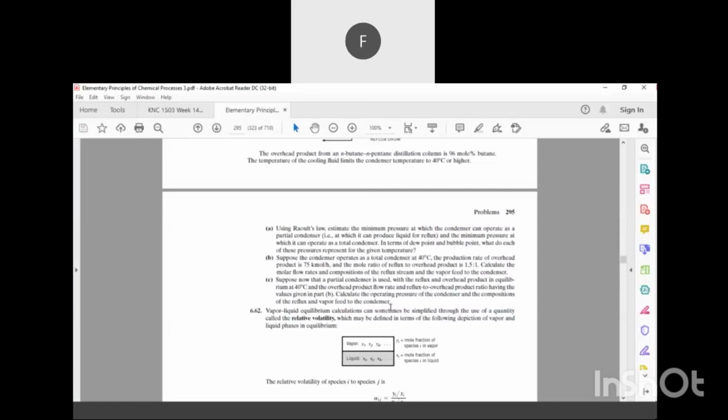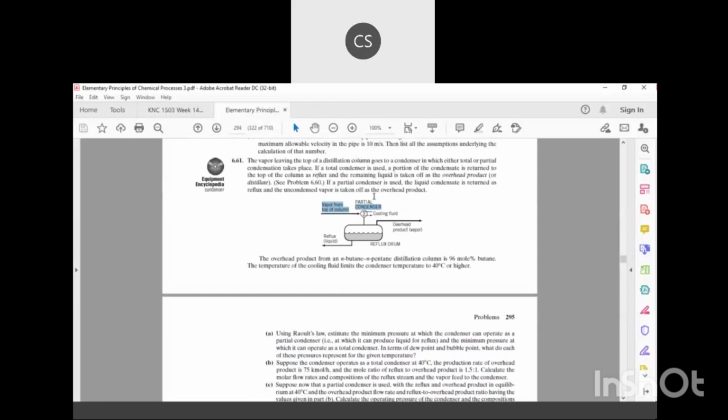Okay, I will explain it clearly. Now a partial condenser is used. So if a partial condenser is used, the liquid condensed is returned as reflux, and the overhead product consists of the uncondensed vapor, none of the liquid being taken off as overhead product.